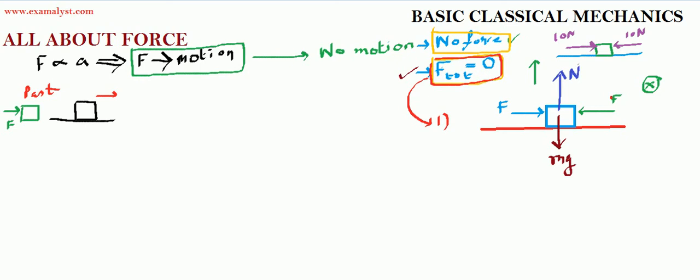So the idea of normal force came from the very concept that if there is no motion, then the total force is zero. The birth of the idea of normal reaction came directly as a consequence of the law that we studied in nature.